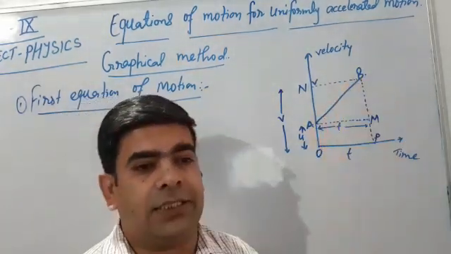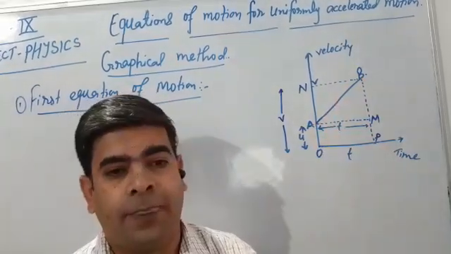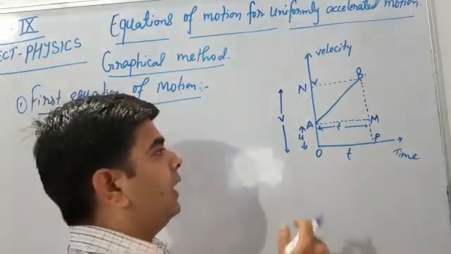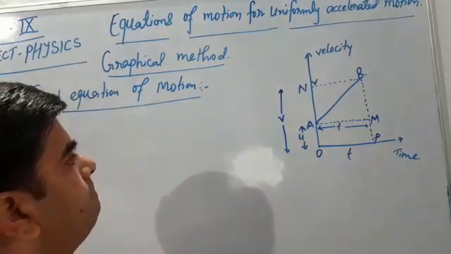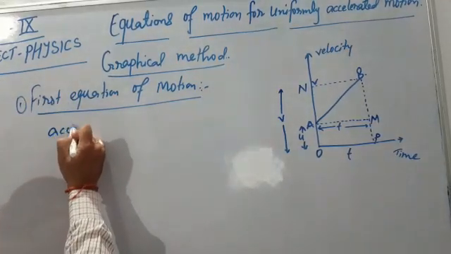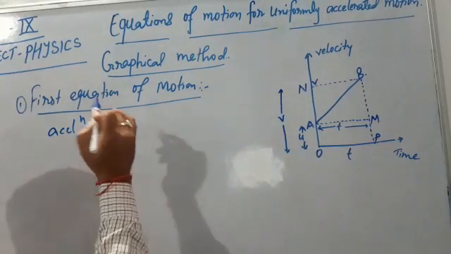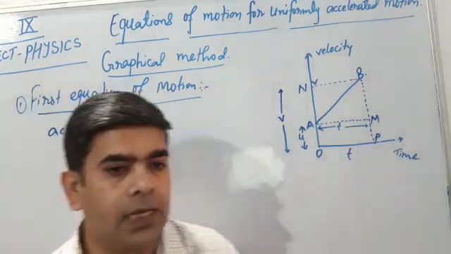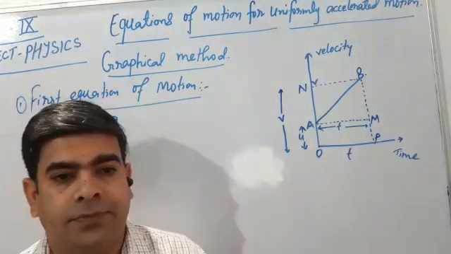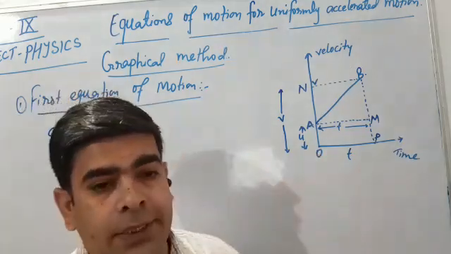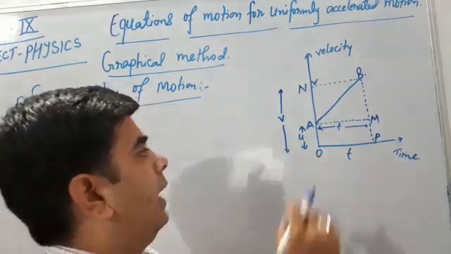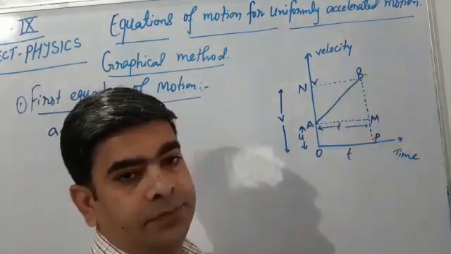The body accelerates uniformly with an acceleration A. Let the velocity of the body be v after time t.